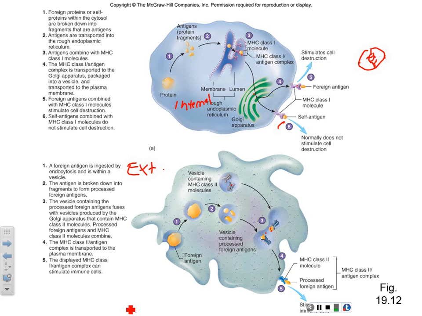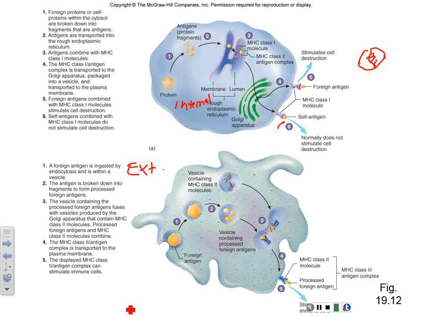And then the Golgi body attaches MHC2 to that processed antigen, and then exocytosis occurs. And then what happens? This is a processed antigen on MHC2, and then it's going to stimulate formation of cytokines and so forth and other things that will then recognize that antigen on other cells and start to kill it.